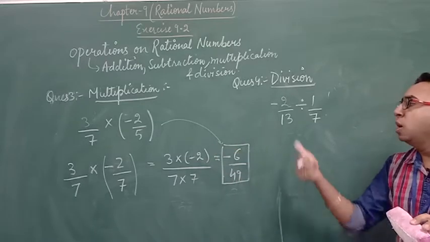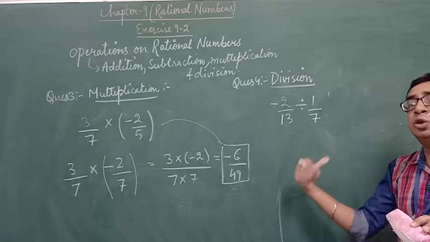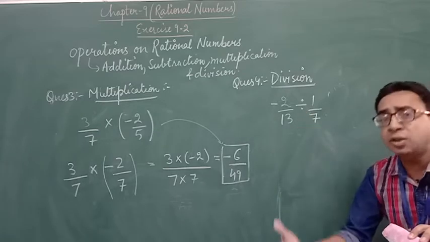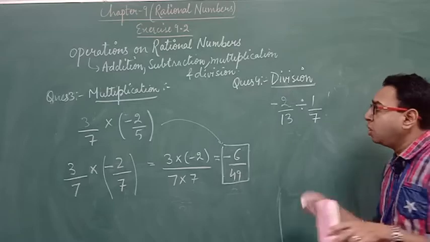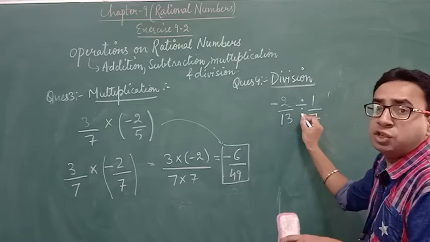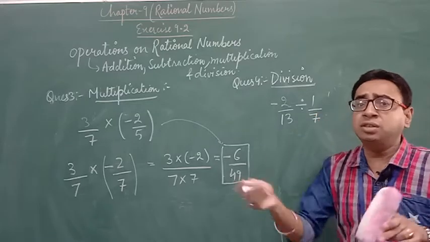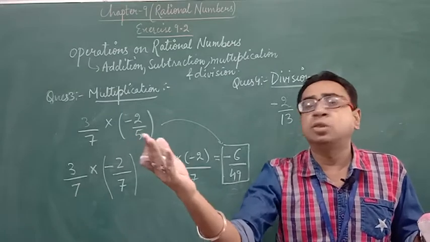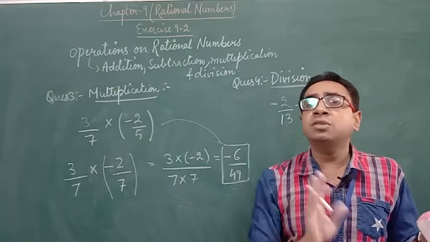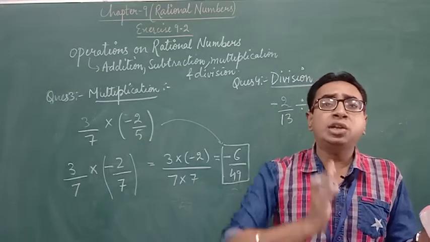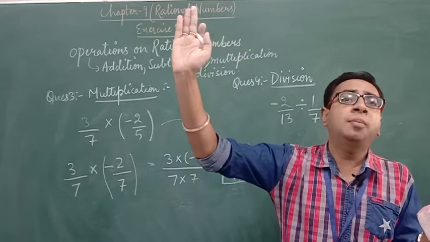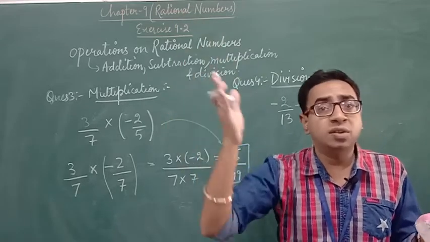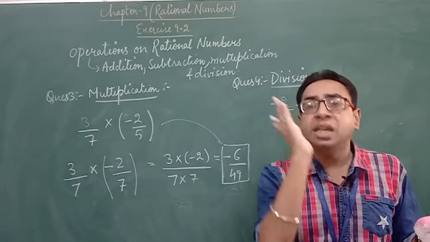So what we will do, we'll convert this division sign into multiplication to make our calculation easier. So how will you convert this division into multiplication? It's not easy. You can't directly write it and get the answer. No ways. Division and multiplication are two different processes. Multiplication leads to the largeness of the number, whereas division reduces the value. Yes or no?